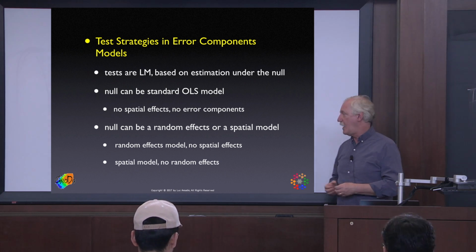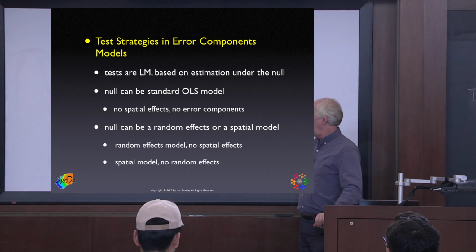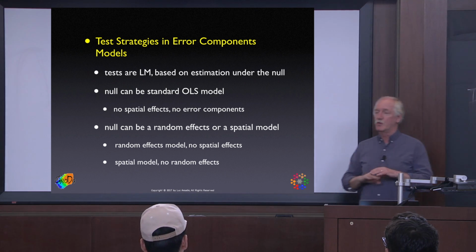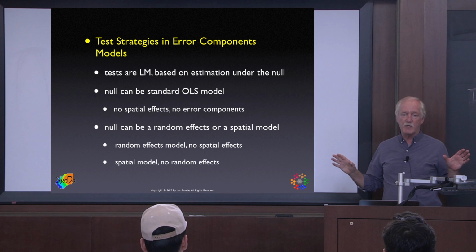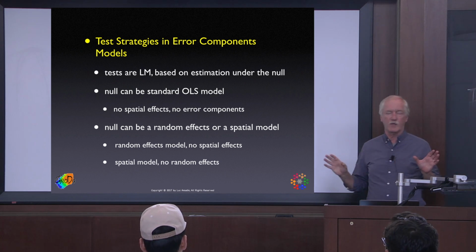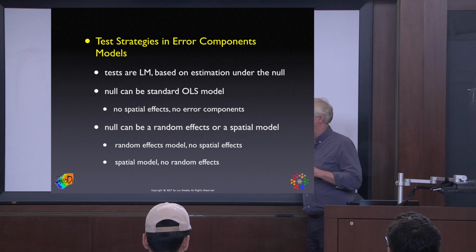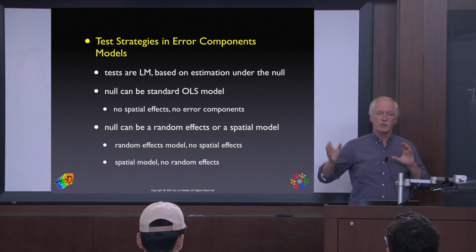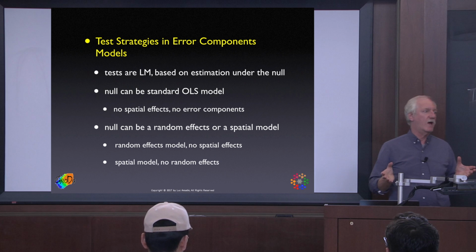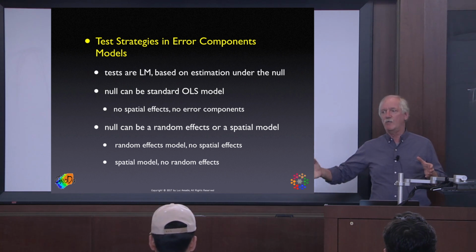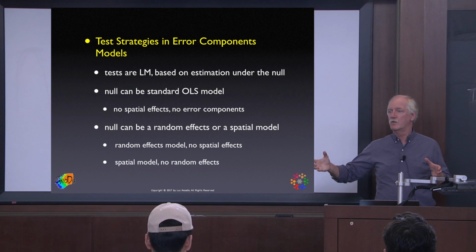So we can have a null where the null is really everything. So no random effects, no spatial lag, no spatial error, no nothing, right? Or we can have the null being one of these models without the other part. So let's say a standard random effects specification, and you want to check whether there's any remaining autocorrelation, right?